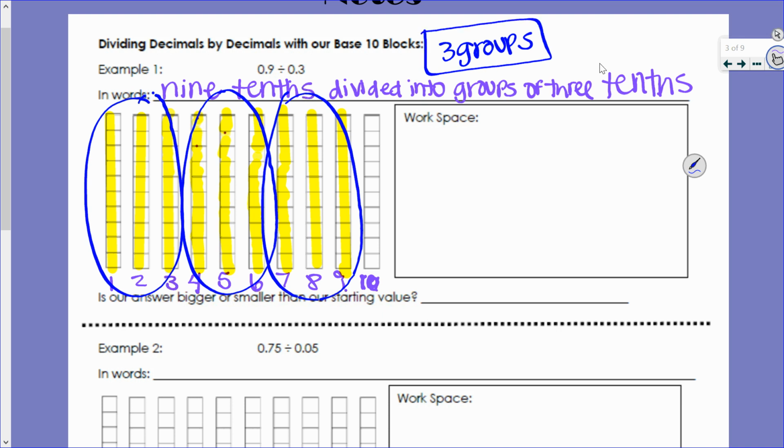Now let's do this a math way with some numbers, not with models, but with numbers. So my problem is 9/10 divided by 3/10.